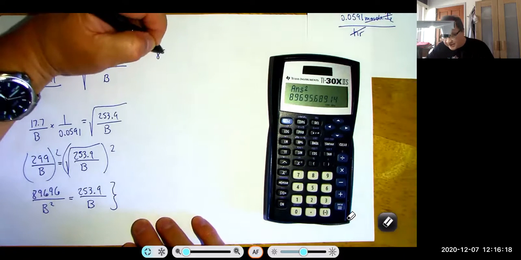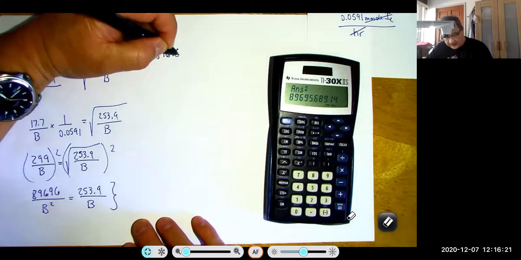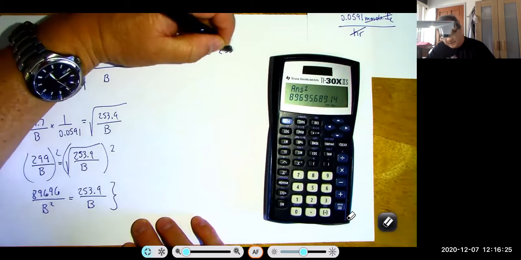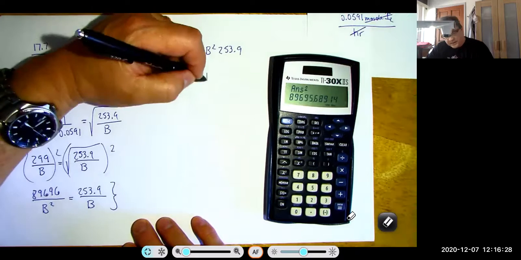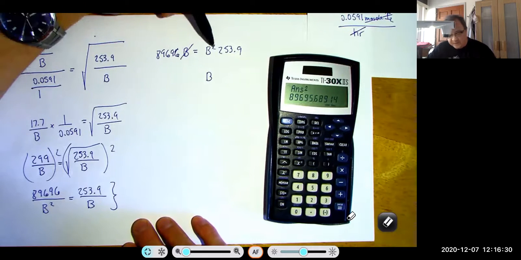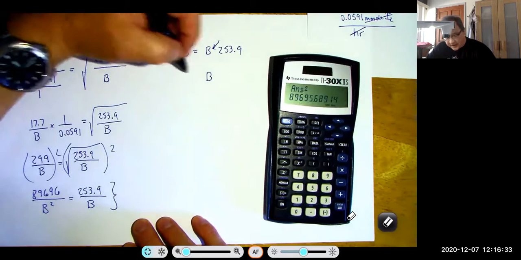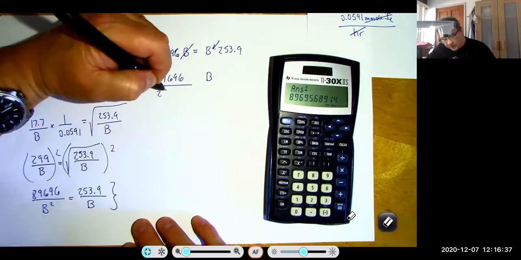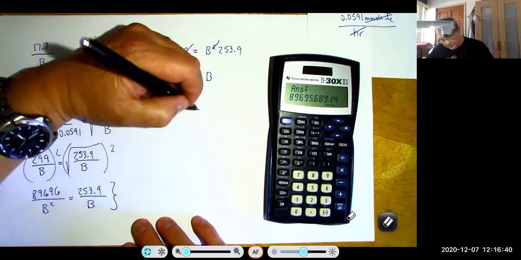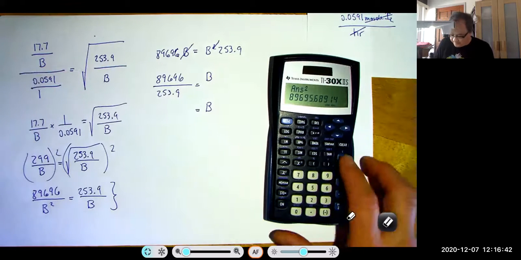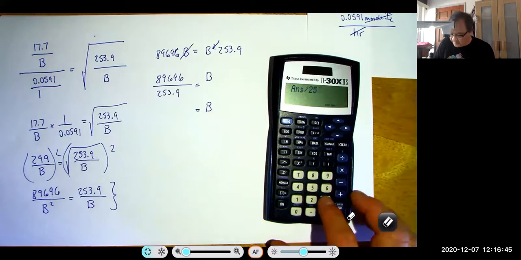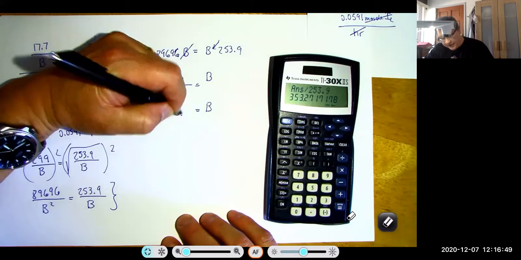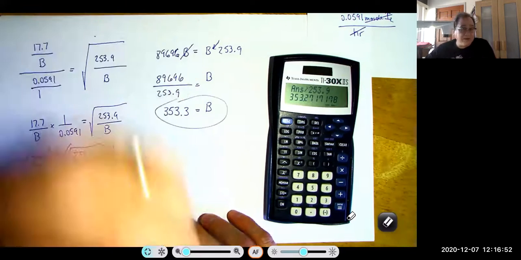I get 89696 times B is equal to B squared times 253.9. And one of these B's cancels with one of these B's. And we're going to get B is equal to 89696 over 253.9. And so we get 353.3 is the value for B.